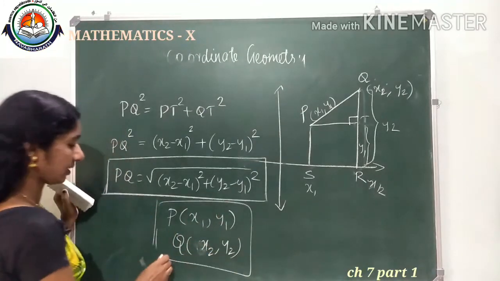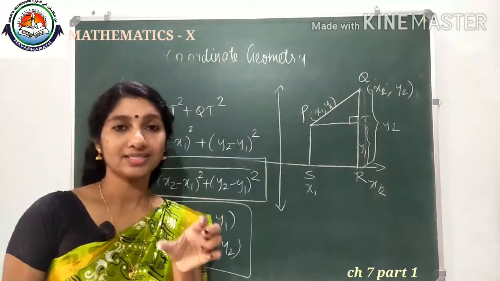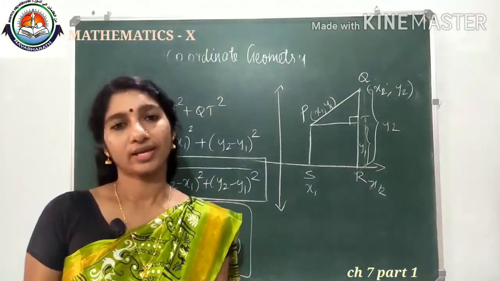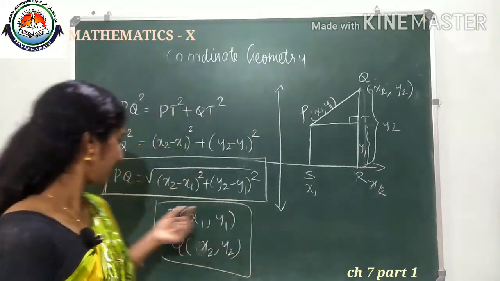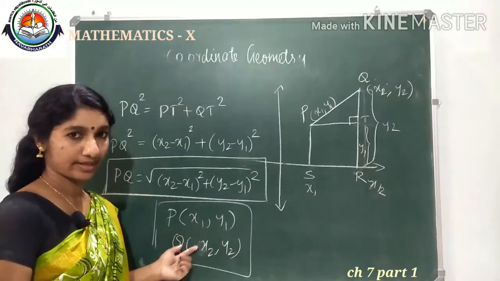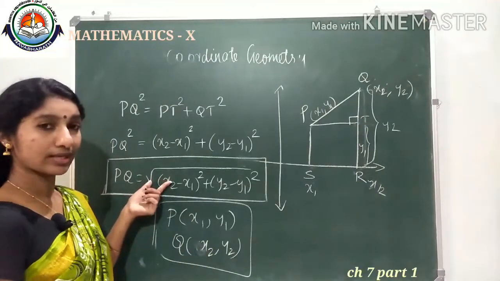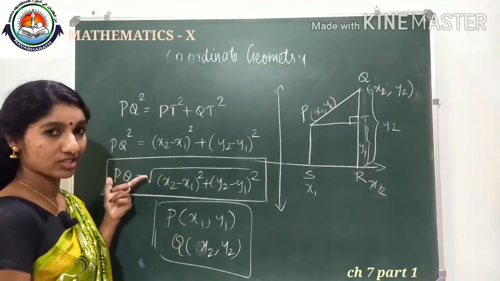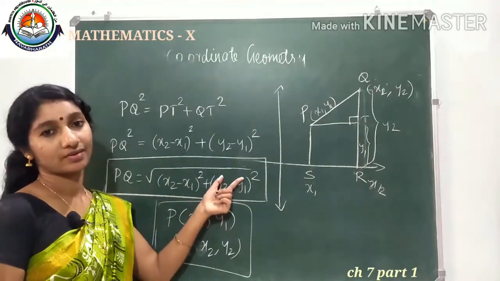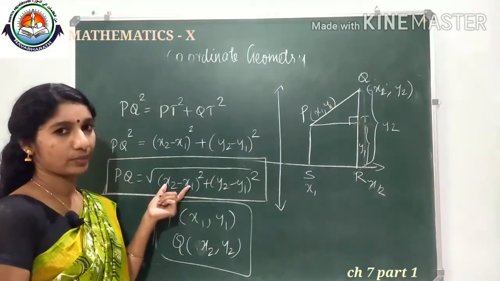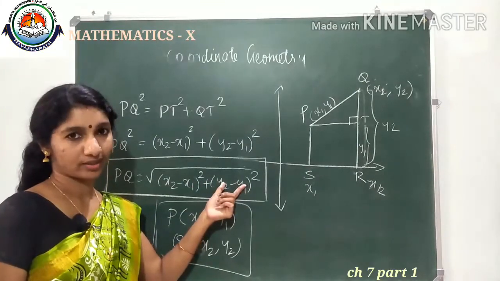So if you know two points, their coordinates, you can find the distance between them. That means x coordinate difference square plus y coordinate difference square.